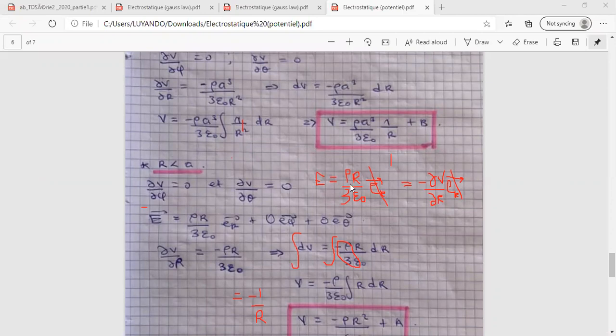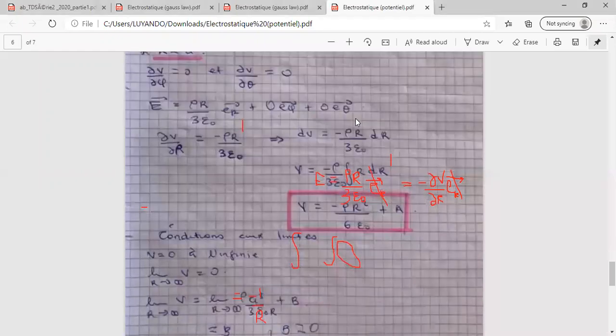And then if we integrate R with respect to R, we're going to have R squared over 2. That's the integral of this guy here. What's going to give us plus a constant.